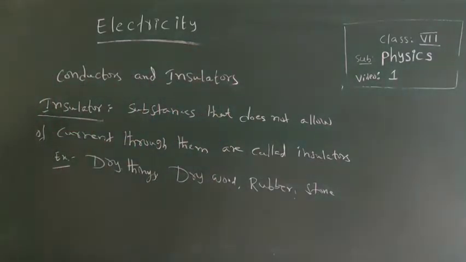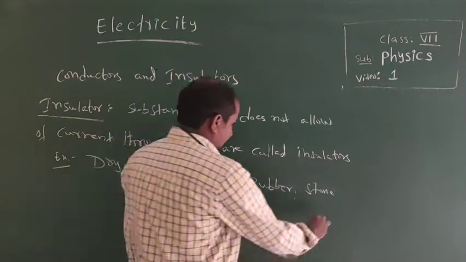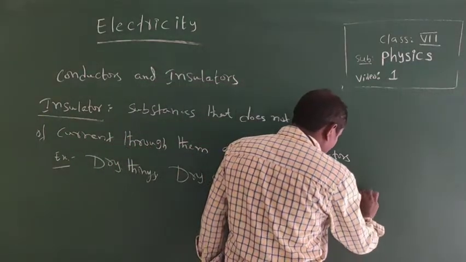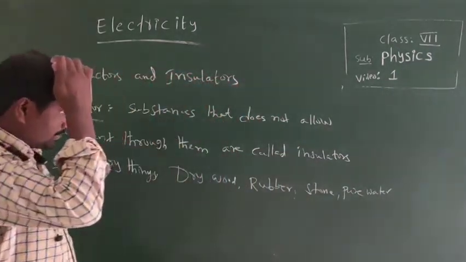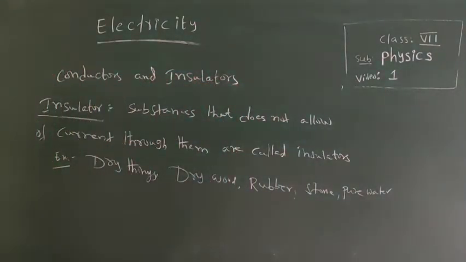Distilled water is also an insulator. Nothing but pure water. Pure water means distilled water. Pure water is an example for the insulators. Okay, next one.